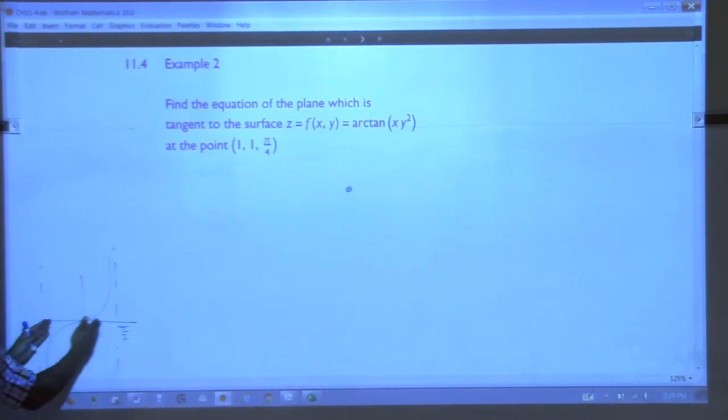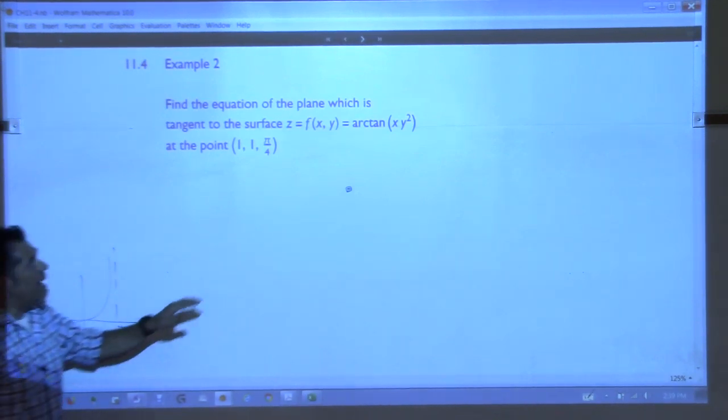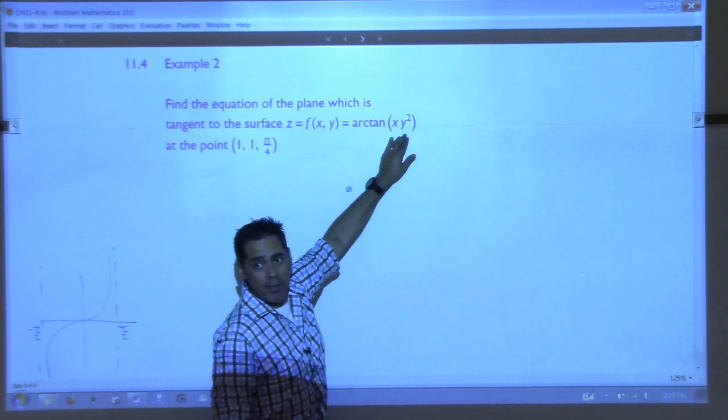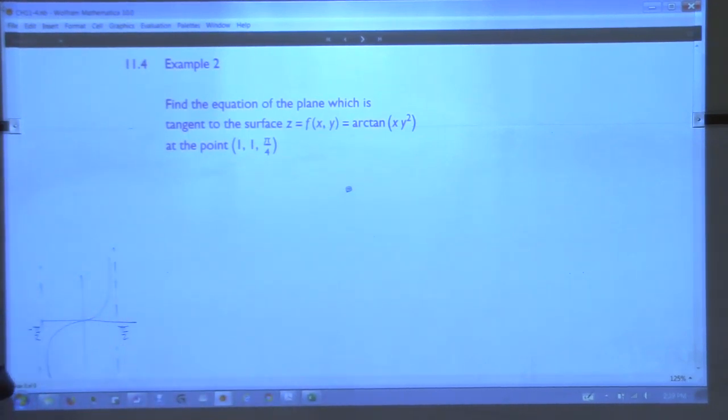So the domain of tangent is restricted, but the range is all real numbers. So when you look at arctangent, the domain and range flip places. The domain of arctangent is all real numbers. So when we sketch this surface, we shouldn't have any sort of asymptotes or any sort of craziness happening.